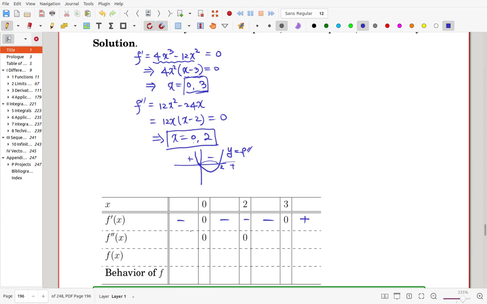So less than 0, f double prime is positive; between 0 and 2 it's negative; and larger than 2 it's positive, right? That's the signs of f prime and f double prime.